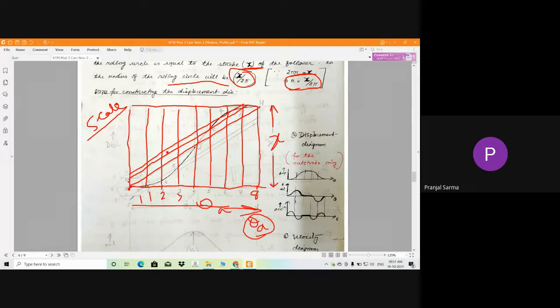Similarly, 1 dash and 3 dash, we have projected at this particular point L. So from L also we are going to draw this particular line parallel to the diagonal. Similarly, for the 2 dash point, which was here on the vertical, from here we are going to draw.